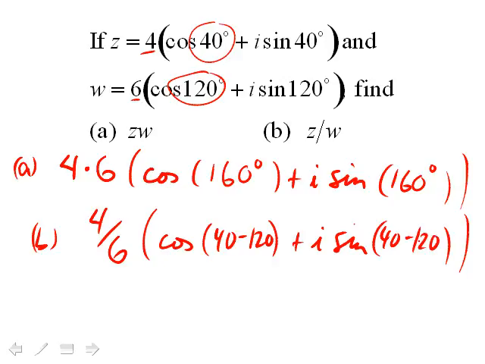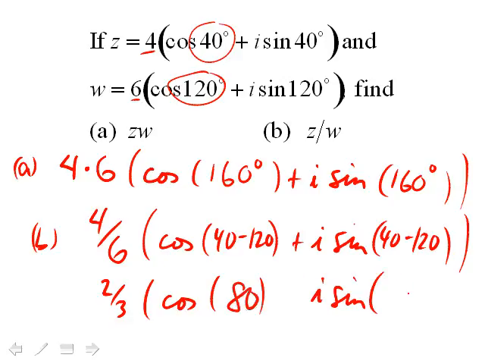So 4/6 is the same as 2/3, and it's cosine of 40 minus 120, which is minus 80. Well, cosine is an even function, so cosine of minus 80 is cosine of 80. And i sine of 40 minus 120 is minus 80. Sine is an odd function, so instead of sine of minus 80, it's minus the sine of 80. And you could write the answer that way for B.